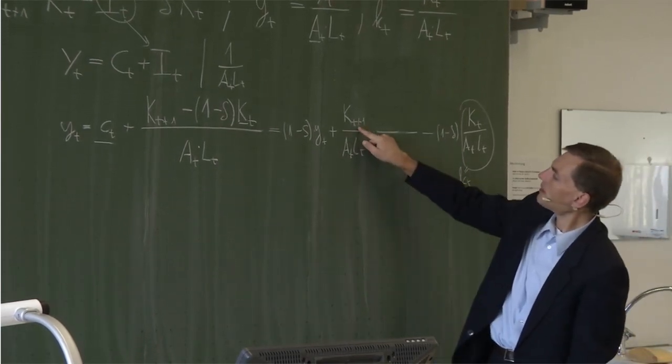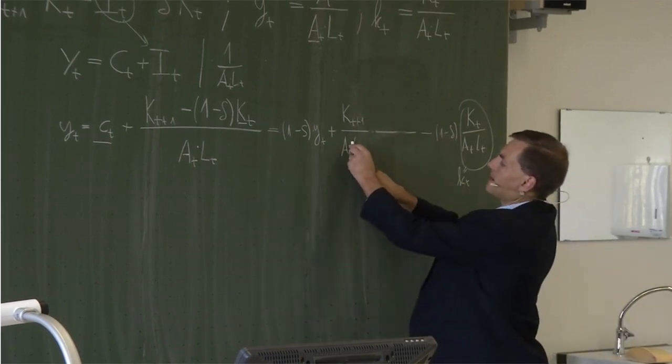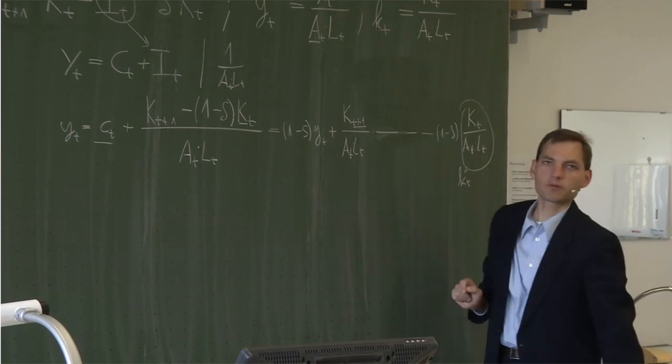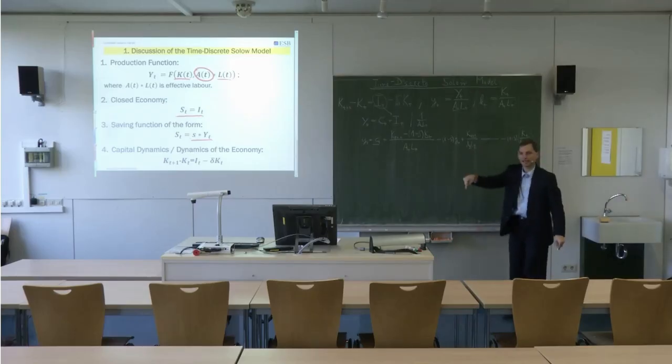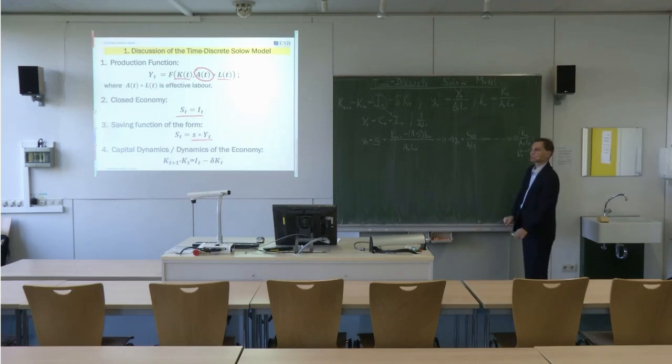The problem here, if you take a look at this, it's also K divided by A times L, but the problem is that that is K_{t+1}, and we divide by A in period t and L in period t, so the time period does not match. So we cannot really say that is the small k. But there's a simple trick to transform this into the right period.